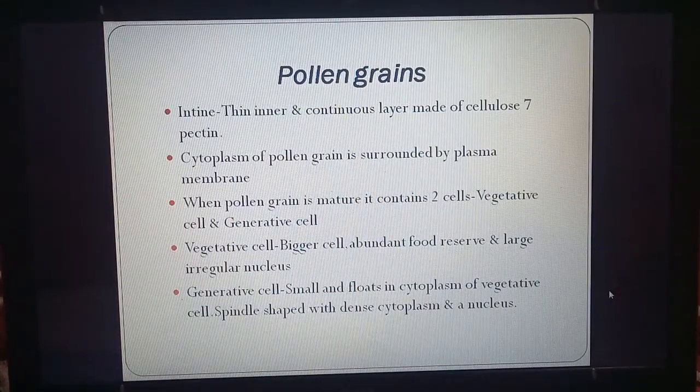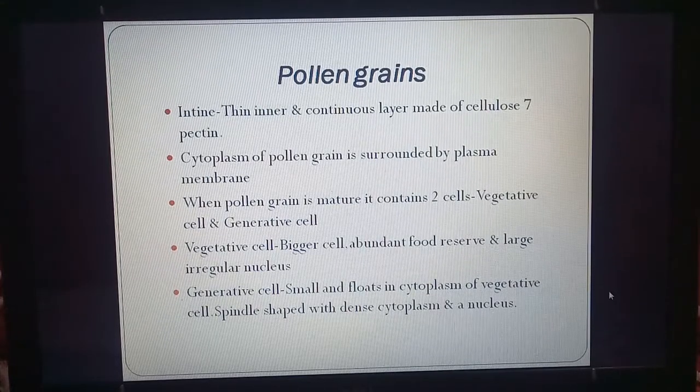The intine is the thin inner layer. It is continuous. It does not have any pores, and it is made of cellulose and pectin. Cytoplasm of the pollen grain is surrounded by plasma membrane. When the pollen grain matures, it has 2 cells, vegetative cell and generative cell.